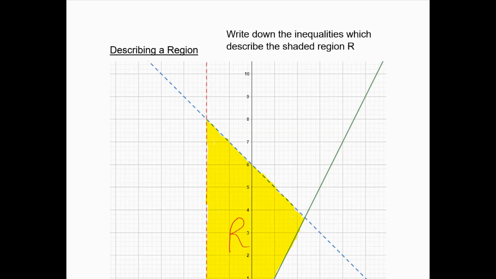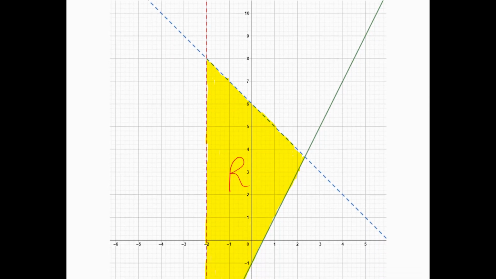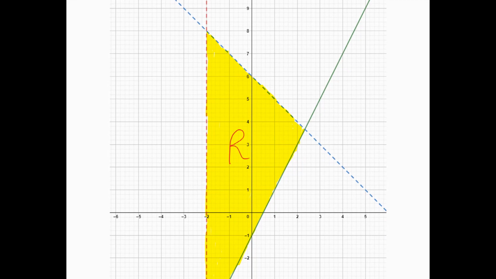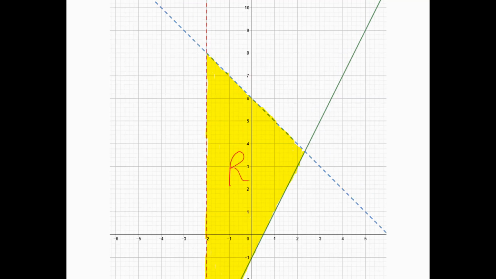You may be asked to describe a region. In this question, we want to write down the inequalities which describe the shaded region R. To do this, I need to work out the equations of the lines which form the region. If I look at the blue line, first of all, I can see that it has y-intercept 6, so I know that I'm going to have the form y equals mx plus 6.